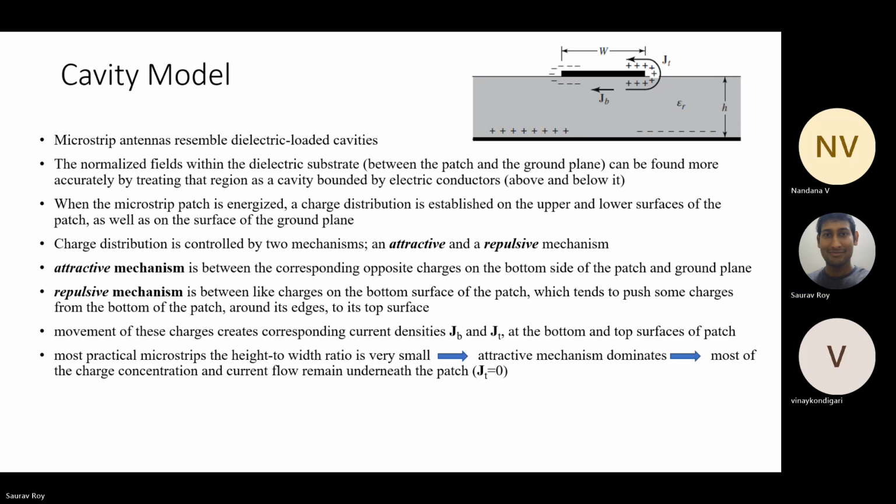But because of the geometrical configuration of the microstrip, because the height to width ratio is small, this repulsive mechanism is almost negligible. That's why JT becomes zero, and JB is the significant component, and JB lies in the bottom portion of the patch.